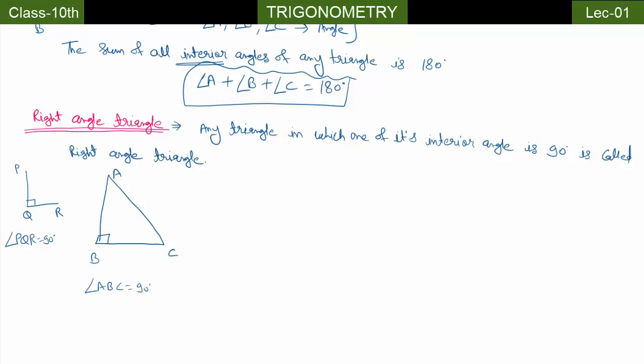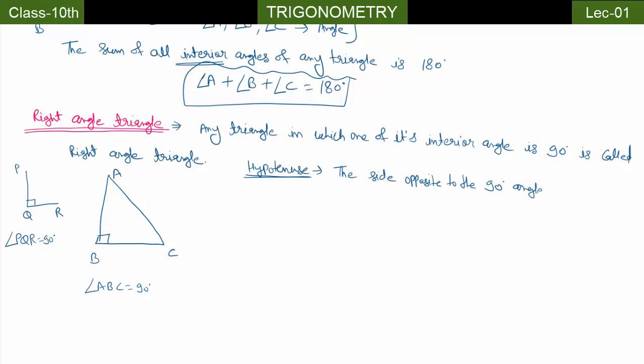Okay. So now we define what is the hypotenuse, what is the base, and what is the perpendicular. First of all, we define the hypotenuse. Hypotenuse is nothing but the side opposite to the 90 degree angle.